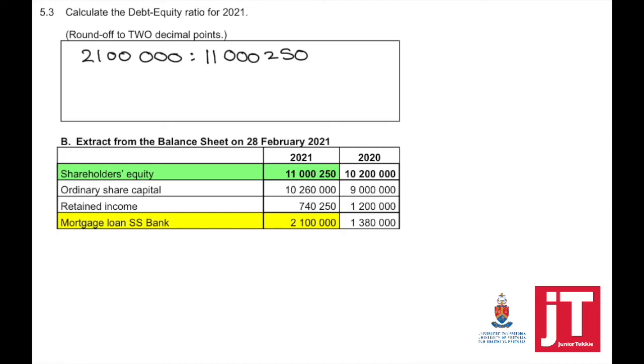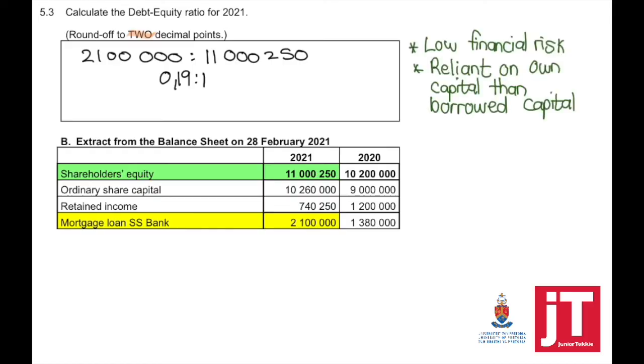Take note, this is always 2-1. So our final answer, 2 decimal places, 0.1921. Now this is what we'll discuss in our next chapter. But if I look at this, we are at low financial risk. We are more reliant on own capital than borrowed capital.